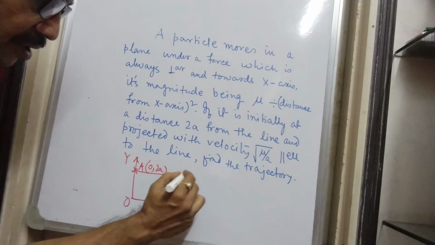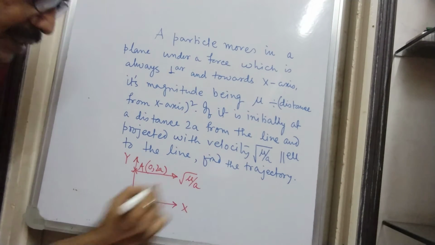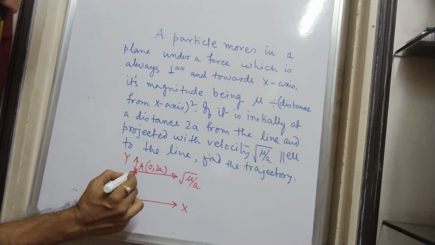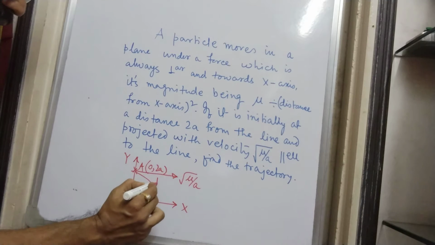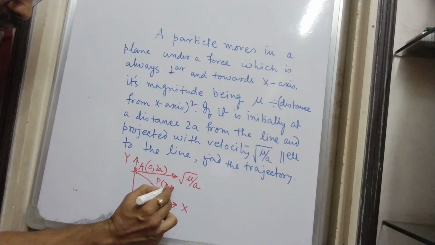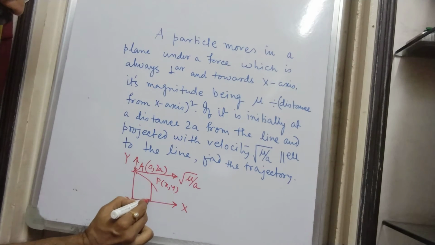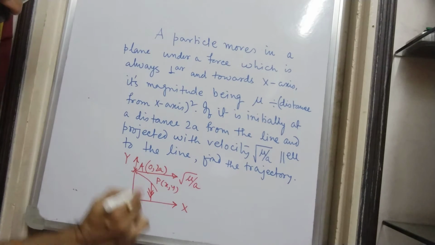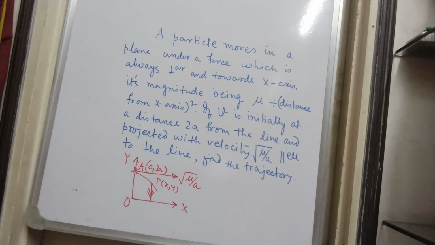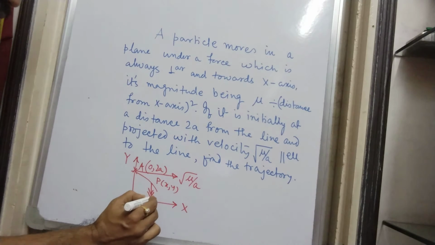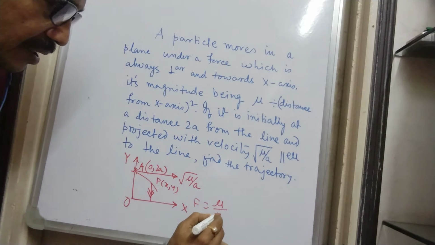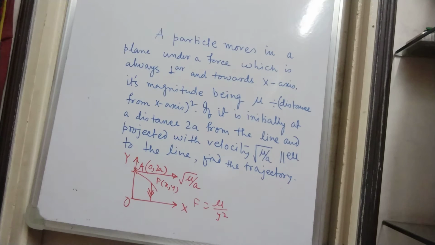This is the velocity, and if in between its path the point is here, the force on it is always directed to the x-axis, and its amount will be mu by y square, isn't it so?